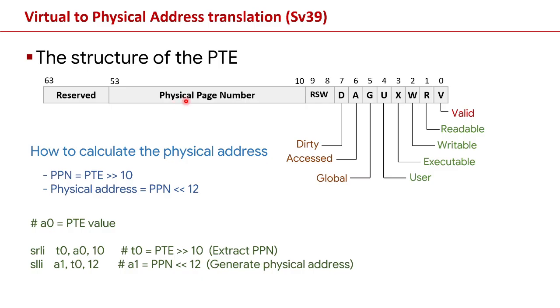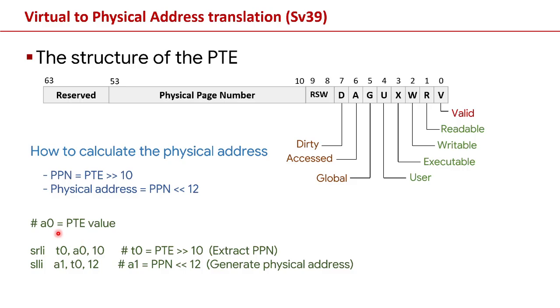Then this value will be left shifted by 12 positions. After this operation, we can have the physical address, because the 10 to 53-bit position has the physical page number. This calculation can be represented using this pseudocode.